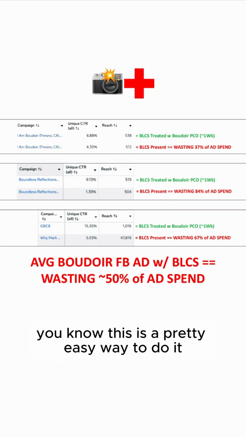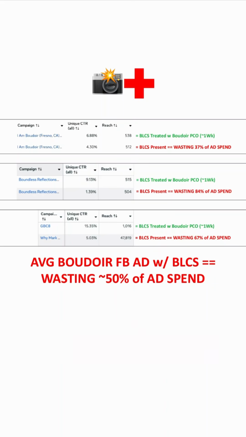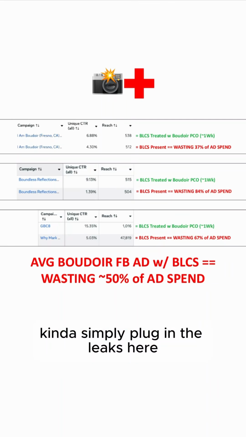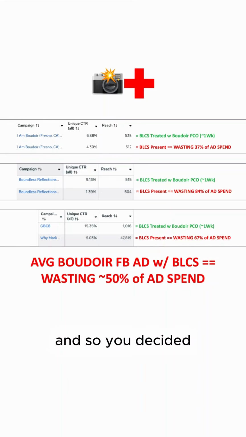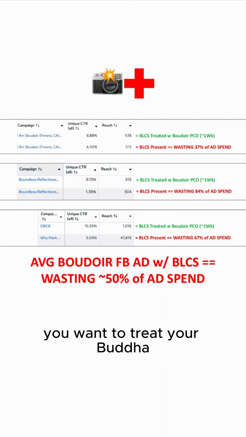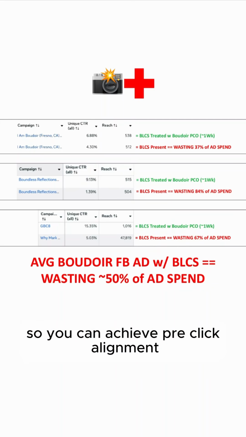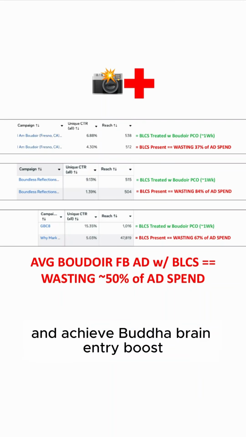And this is a pretty easy way to do it. Simply plug in the leaks here with Boudoir Pico treatment. And so you've decided you want to treat your Boudoir Facebook ads with Boudoir Pico so you can achieve pre-click alignment, become a dominant Boudoir advertiser, and achieve Boudoir brain entry boost.